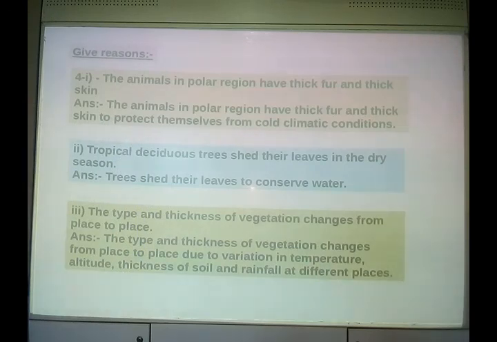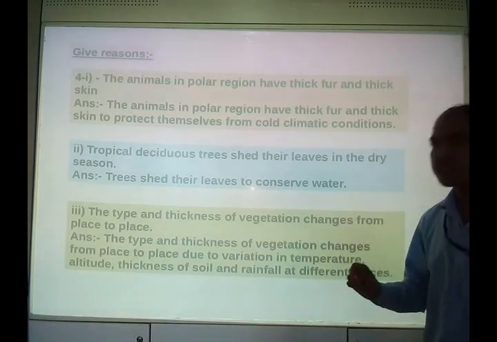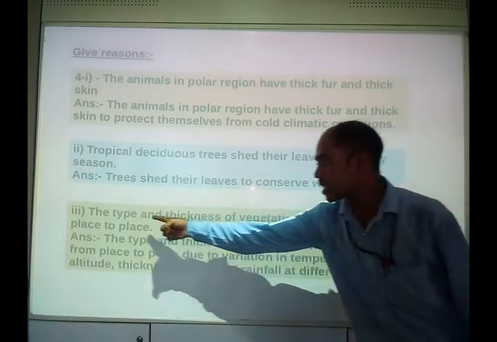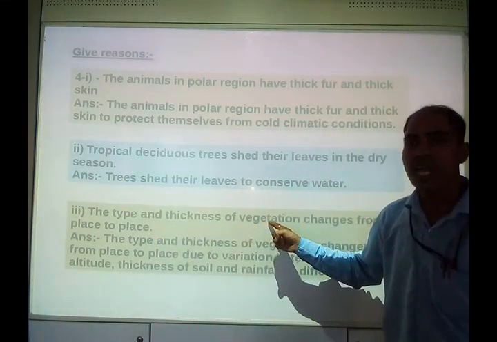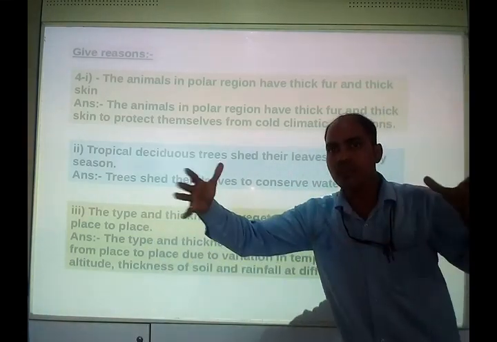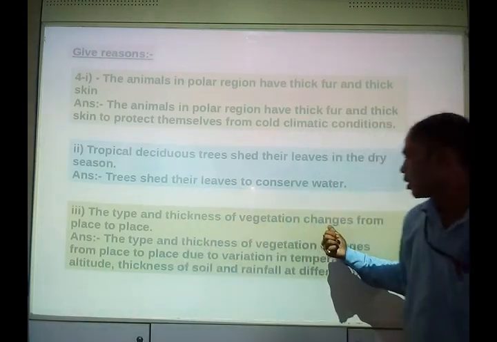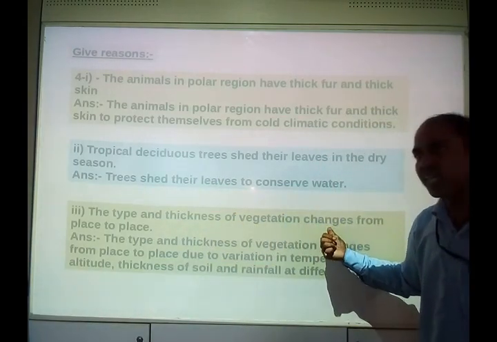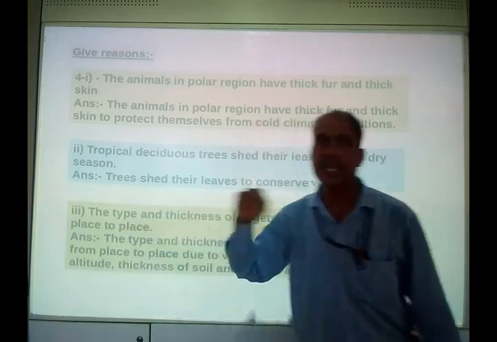Okay, yes. Now the third reason: the type and thickness of vegetation changes from place to place. Why? That means the type of the vegetation as well as the thickness of the vegetation varies from place to place.